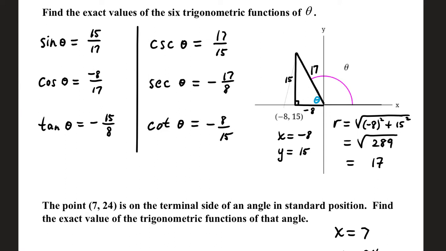So x is -8, y is 15, and r is 17. Sine is y over r, that's 15/17. Cosine is the x-coordinate over r, -8/17. And tangent is the y-coordinate over the x-coordinate, -15/8. Flip all 3 over, and you have cosecant, secant, and cotangent respectively.